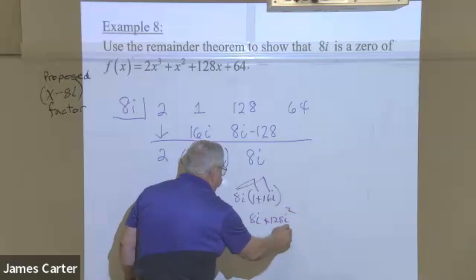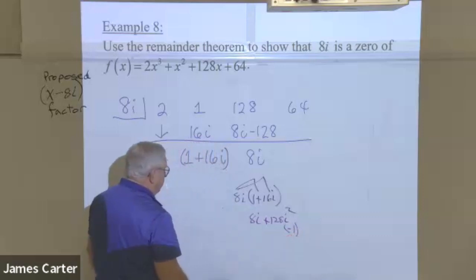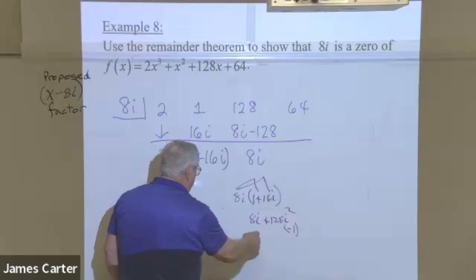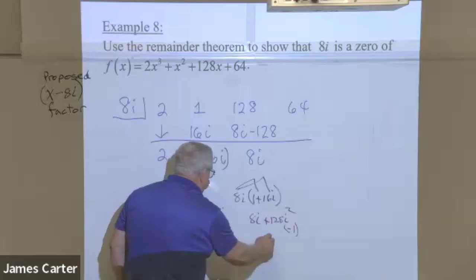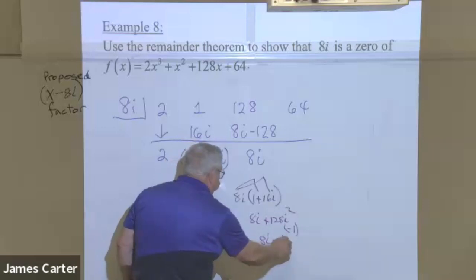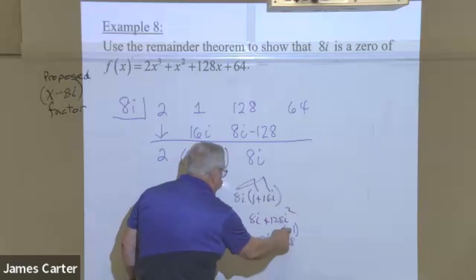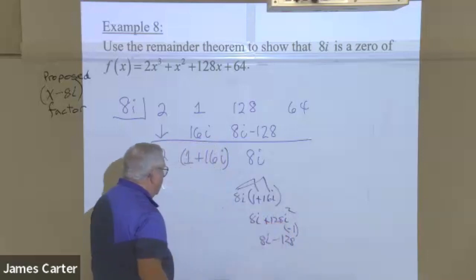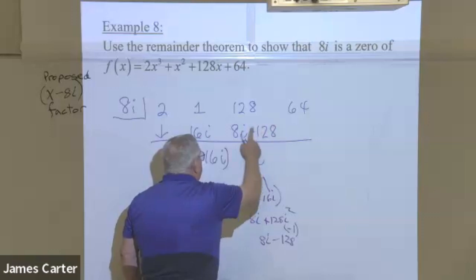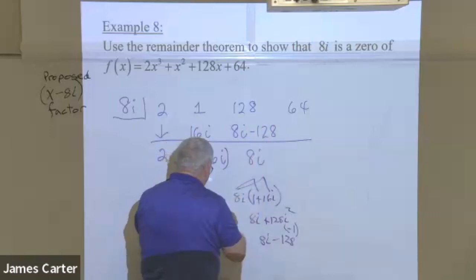That i squared, I have to replace with a -1. So therefore, I end up with the 8i minus 128, because -1 times the positive 128 there gives me that. So that's how I came up with this minus 128.